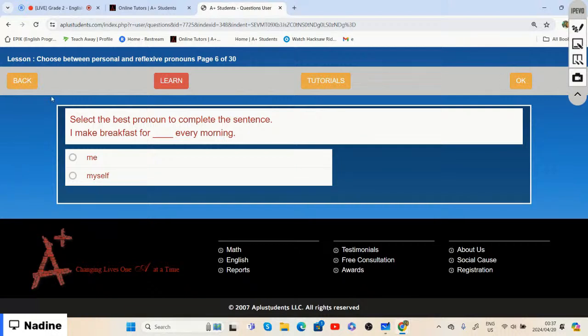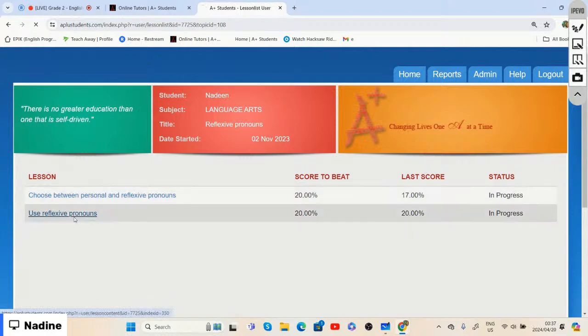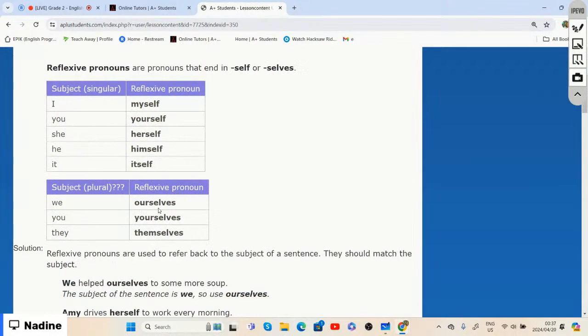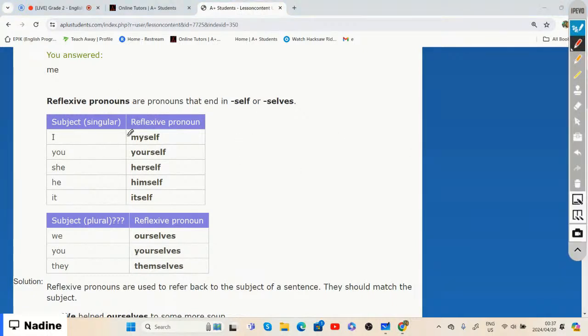All right. Now we're going to use the reflexive pronouns, right? And we said once again that reflexive pronouns end in self and selves. So if we are using these words, then they need to refer back to the subject.